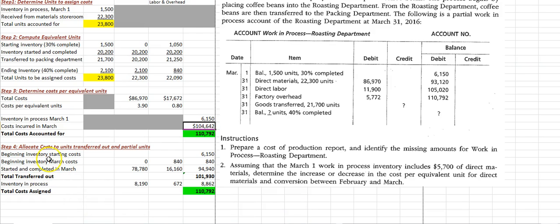Okay, so let's start allocating. We know that the 6,150 all goes to the beginning inventory. How much more cost are we going to add to that beginning inventory? The 1,500. Well, as far as materials goes, we're not going to add anything. All that was incurred in the prior period.